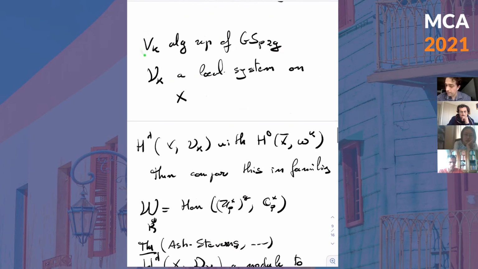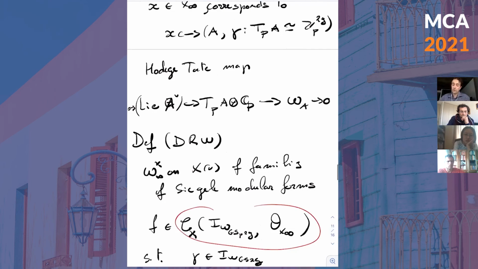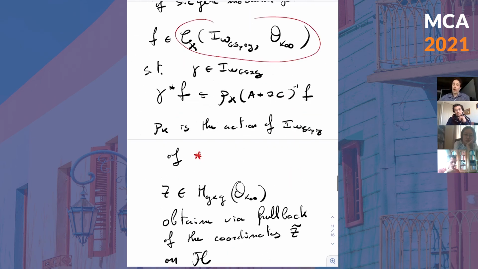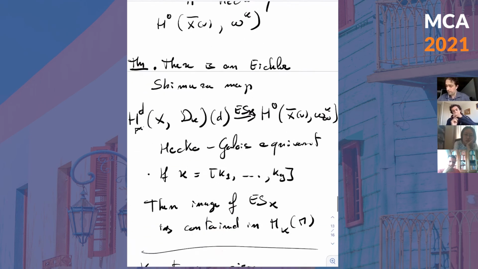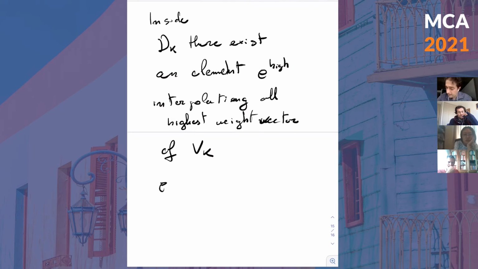There is something that interpolates all these V_k. If you think of the example of GL2, I have this x to the k minus 2. Well, it would be x to the kappa, or if you want, kappa of x. So there is an analytic function of this weight kappa that interpolates all these x to the k. And you can do something similar for this big representation. And the good thing is that this e highest is stable for GL_g.